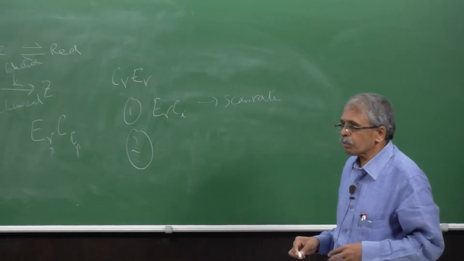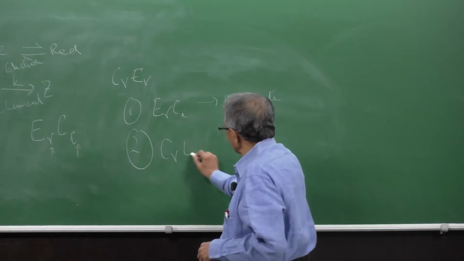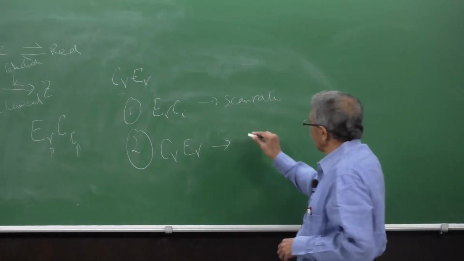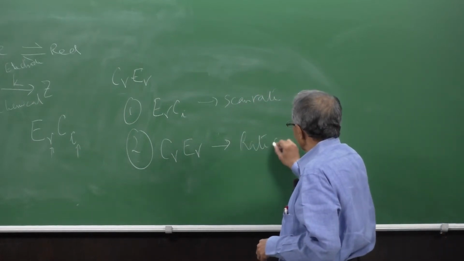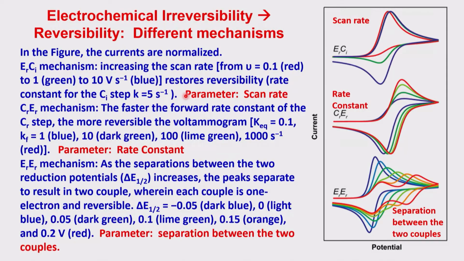So the next example is the CR and ER. So both are reversible, and this can be made by varying the rate constant. If you can change the forward rate constant of the CR step, then the more reversible it is. So initially you have a rate of 1, and that is the blue here.